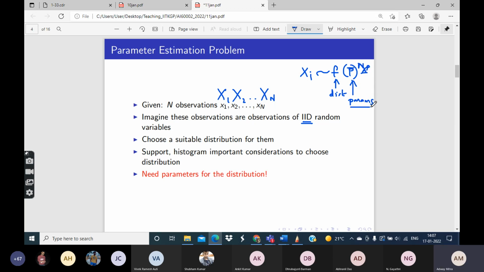So now the question is, what is f and what is this p? The first task is to choose a suitable distribution f for them. Part of the hint will come from the nature of the variables themselves. For different distributions, we have already seen what their support sets are.